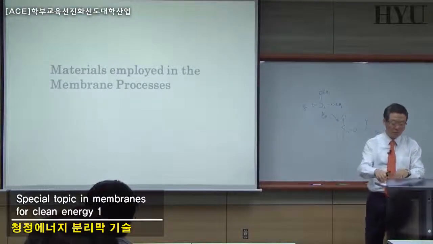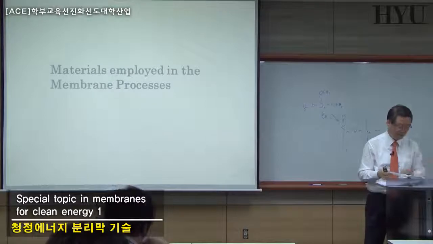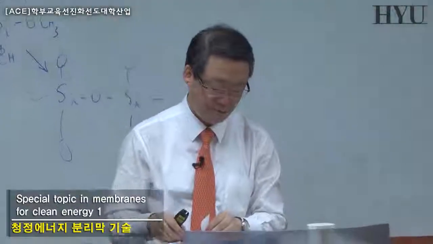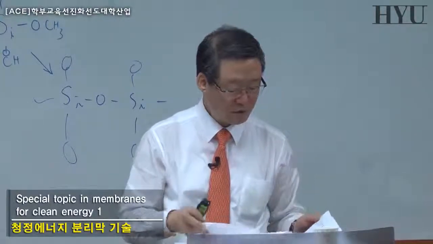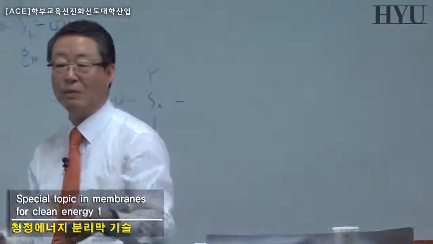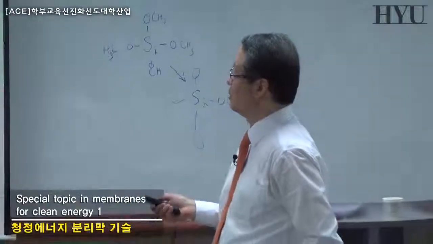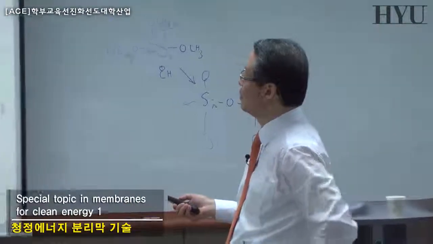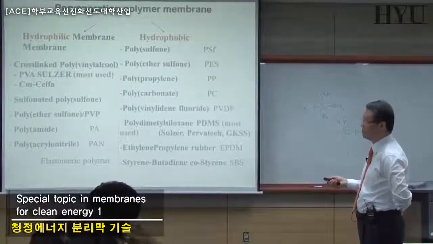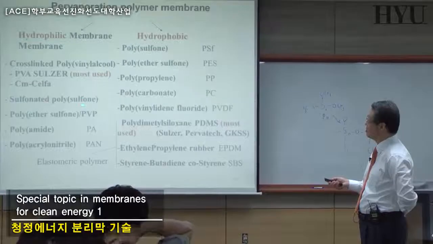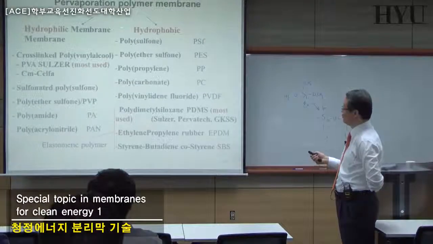Okay, so let's wrap up what we have talked about. The rest of the slides are the wrap up of the membrane preparation. So we can think about the materials. I've talked to you about the sulfones, sulfonated sulfones, and the polysulfones.